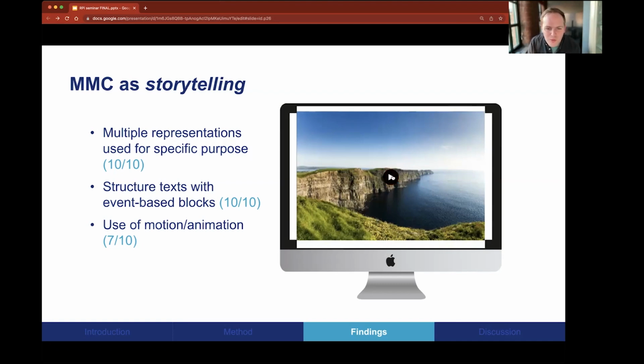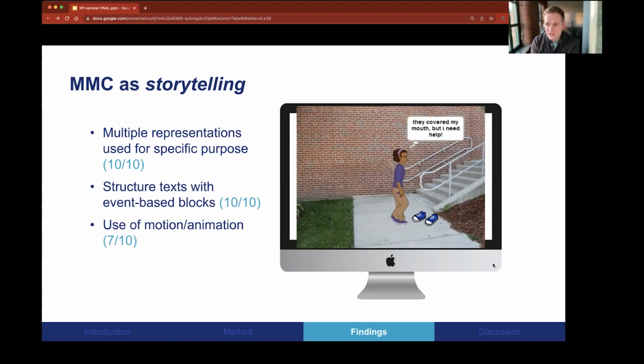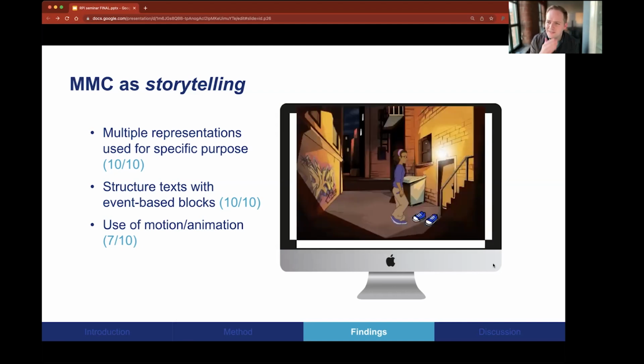I'll show you one example. This is Leah's story. It's called The Invisible Kidnapper. You'll see why. It starts with a character moving around. She's programmed shoes to play the invisible kidnapper, which is quite clever. And she's using text and also motion to tell the story. It's in a school setting. And then the character gets, it's quite dark, quite dark, 9-year-olds telling these stories.